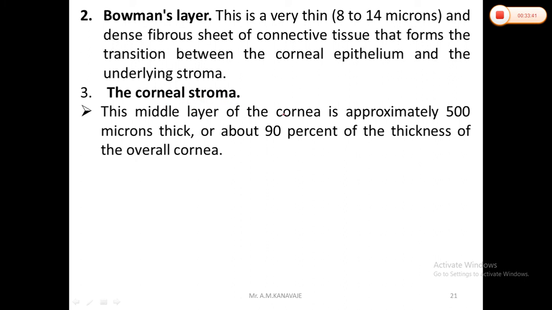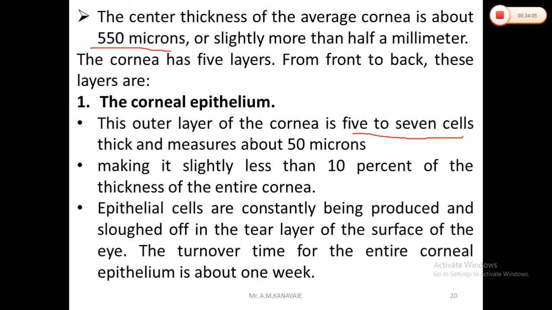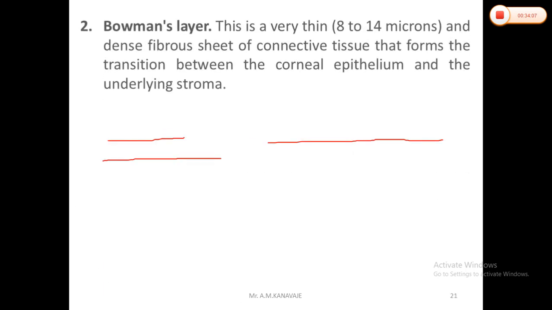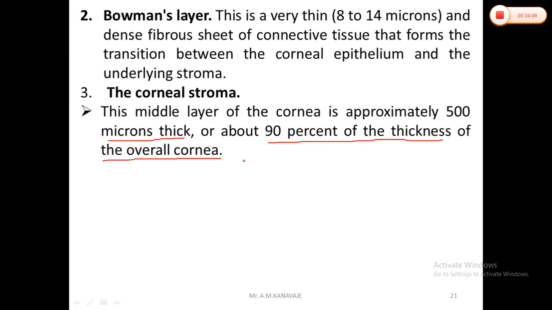This is the middle layer of the cornea, approximately 500 micron thick, and about 90% of the thickness of the overall cornea. This is a very important layer of the cornea. Out of these 5 layers, first is the epithelium, second is Bowman's layer, and third is the corneal stroma.